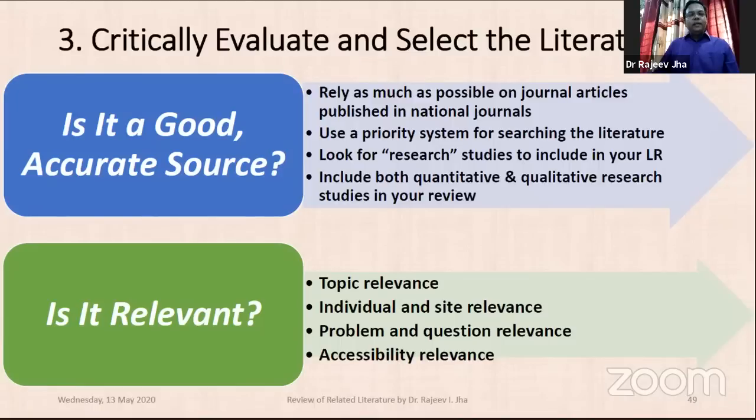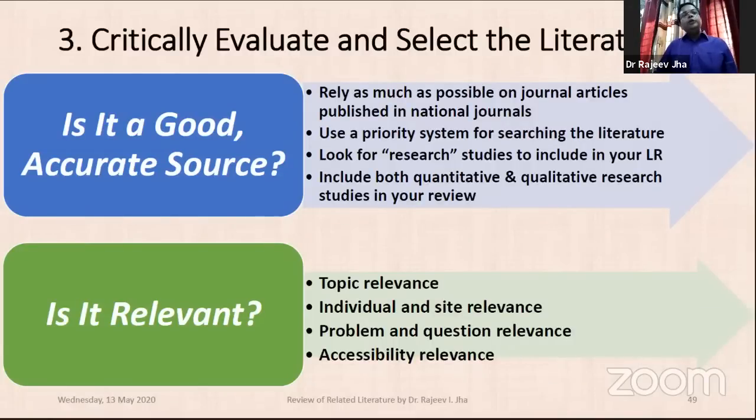So these are some of the guidelines which probably will help you in judging the quality. Use a priority system for searching the literature. Look for research studies to include in your literature review. Research studies, not conceptual papers, or papers which are just like essays. Include both quantitative and qualitative research studies in your review, even though your research may be based on quantitative or qualitative or mixed.